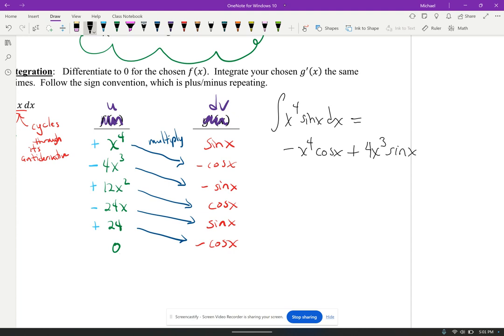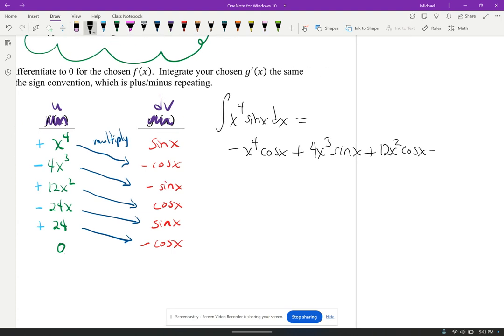And then I multiply positive 12x squared times positive cosine x. So that's going to be plus 12x squared cosine x. And then minus or negative 24x times sine x. I'm sorry, negative 24x sine x.